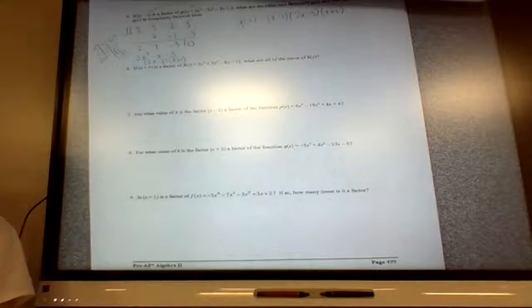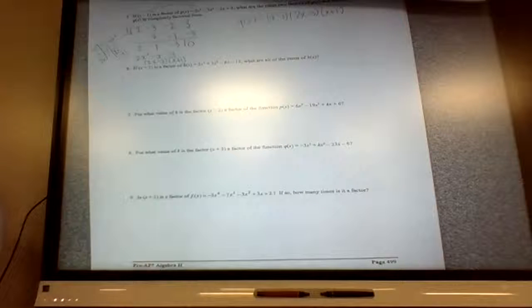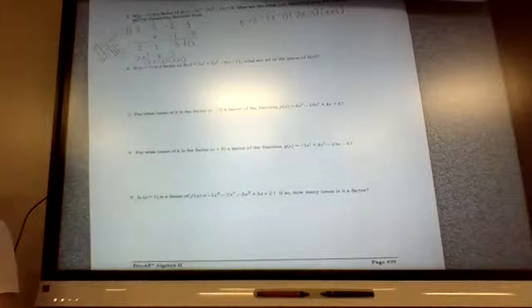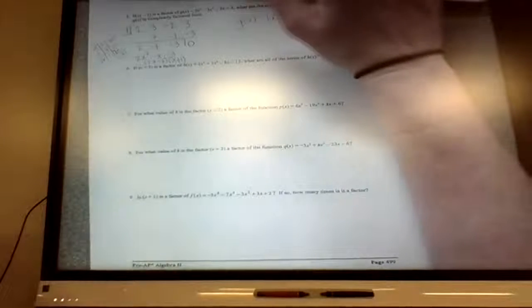So you know how to do this problem. You already know how to do it. You do your synthetic division, you set it up. Now, some of you had a little bit of trouble with the distributive property on the quiz for the k problem. So I want you to go ahead and start out on 7, and then we'll work it all together.